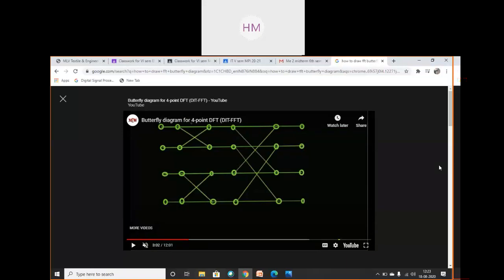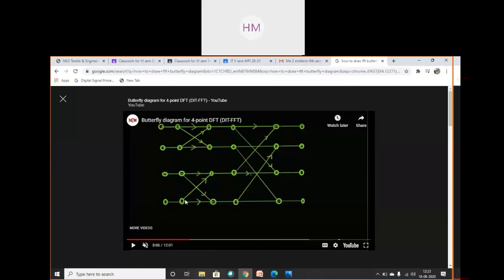We are drawing the 4-point DFT. Got how you have to draw? Mark all the arrows.